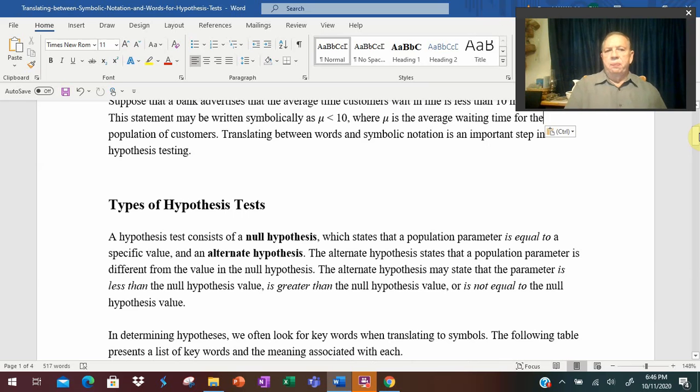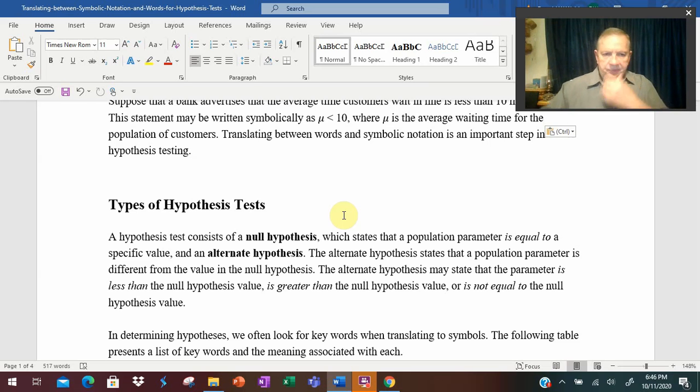So basically we're going to take a test, and I'm going to build two statements. Let me put a couple of notes in here to make this maybe a little more understandable. We're going to start with a claim.